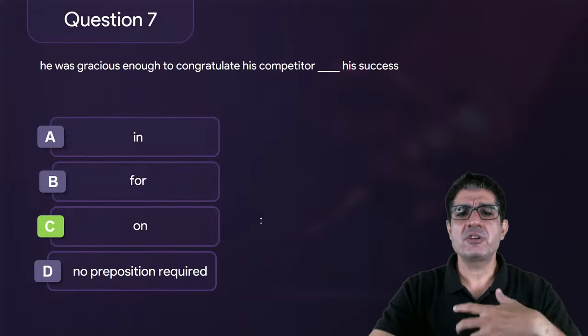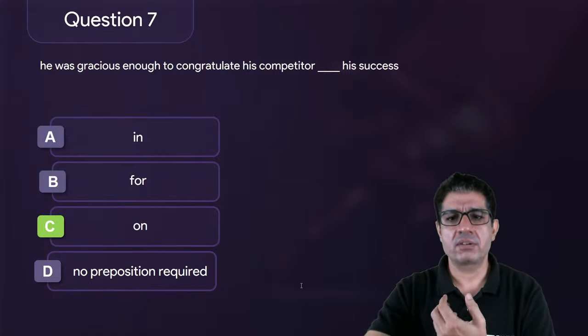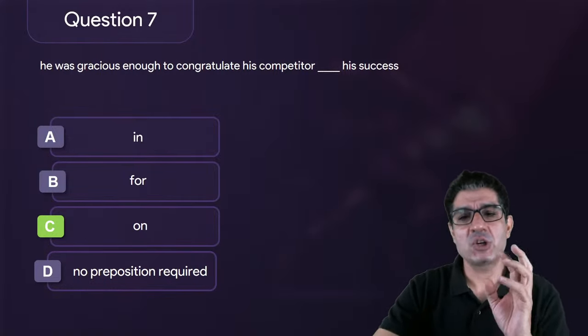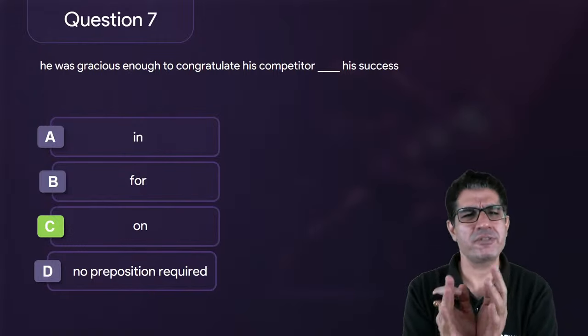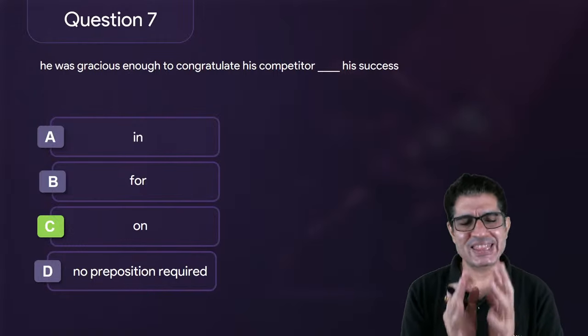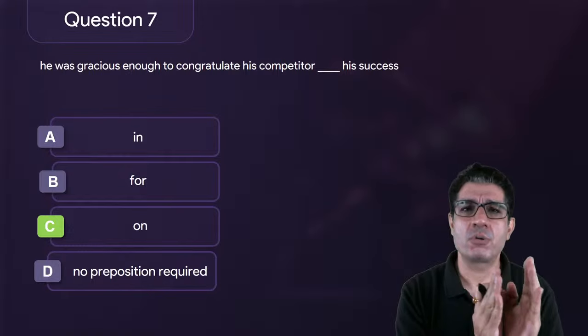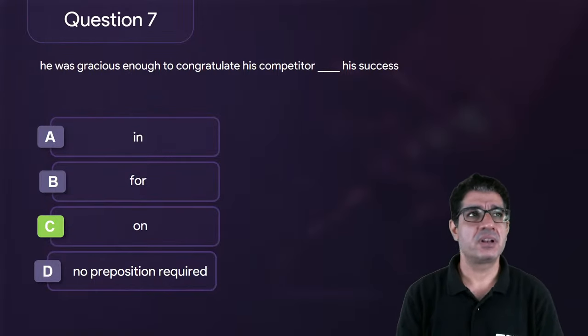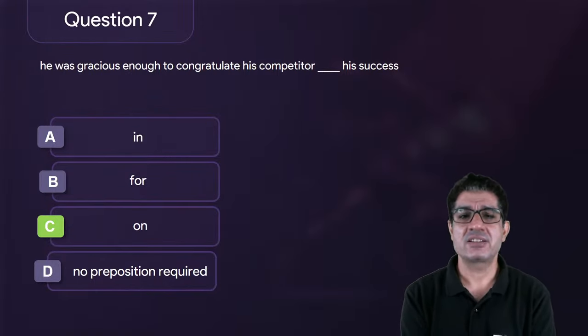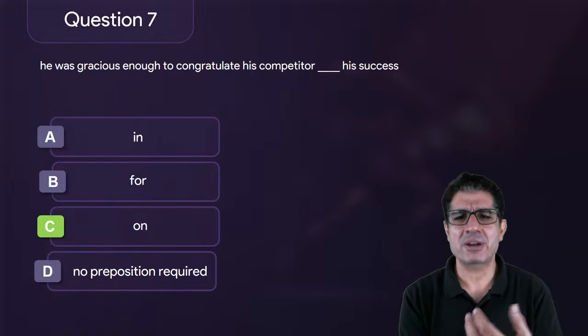There are times when you congratulate somebody on something, where you want to send your good wishes in the context of a happy event. In that context, congratulate is followed by on. For example, if I meet somebody, I say, hey, congratulations on your marriage, congratulations on your new baby, congratulations on your promotion. So when I'm just sending my good wishes.